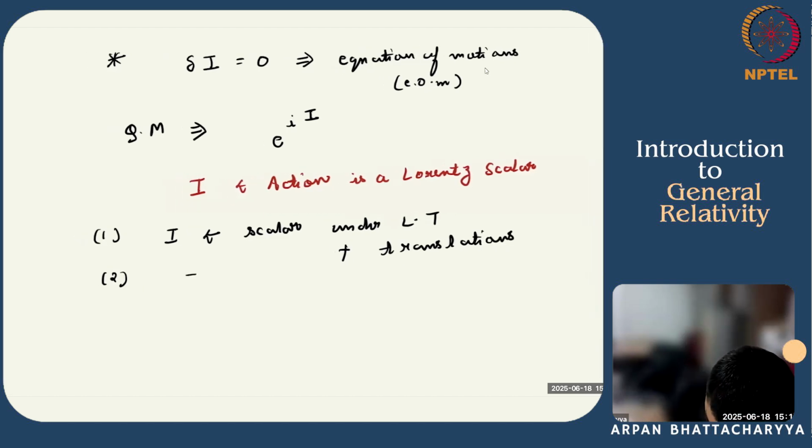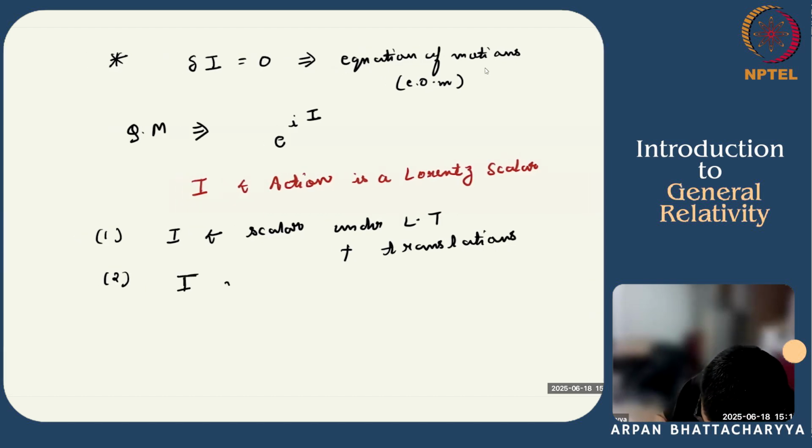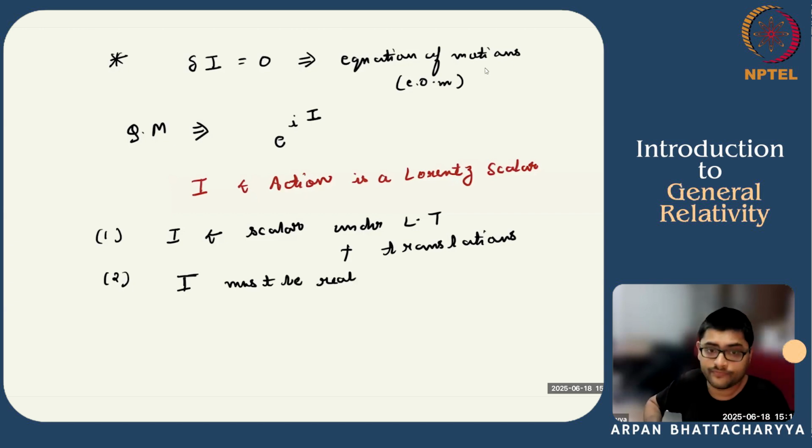Now, this I must be real. Why? Again, if e to the power i times capital I, the action, gives you the probability amplitude, then we know from quantum mechanics that to respect unitarity, it has to be real. If it has a complex part, then unitarity will die.